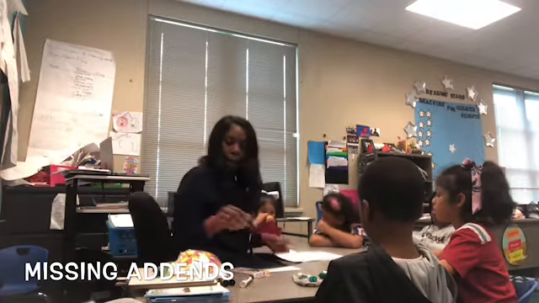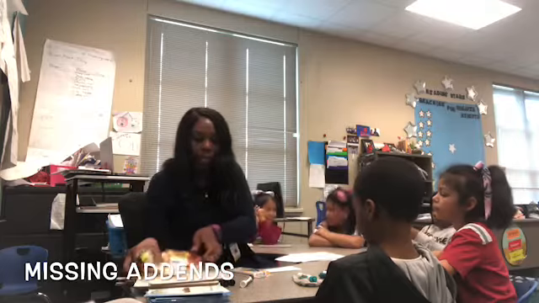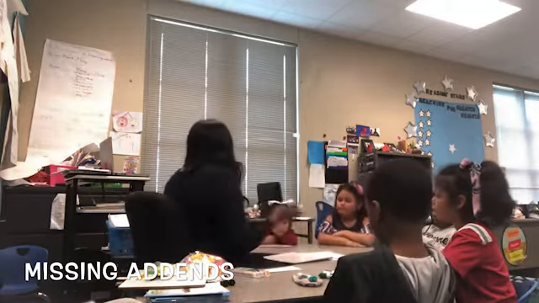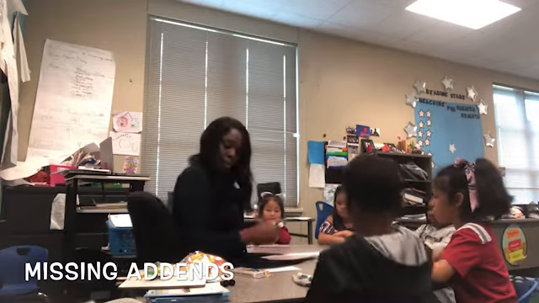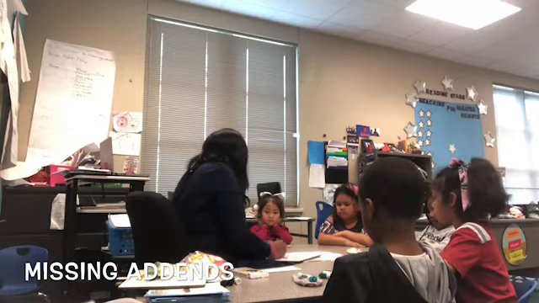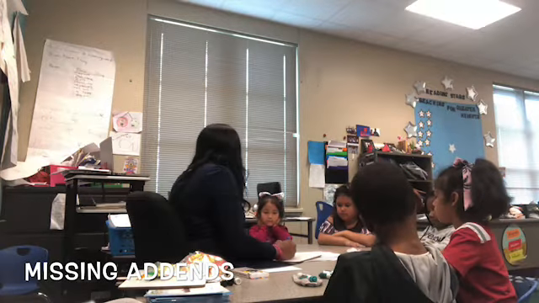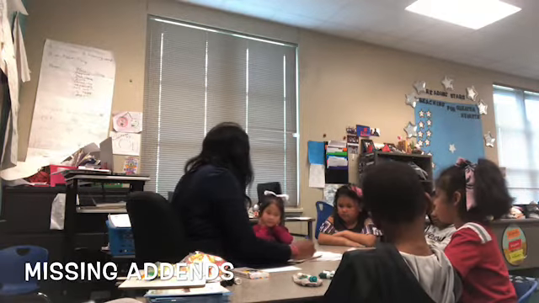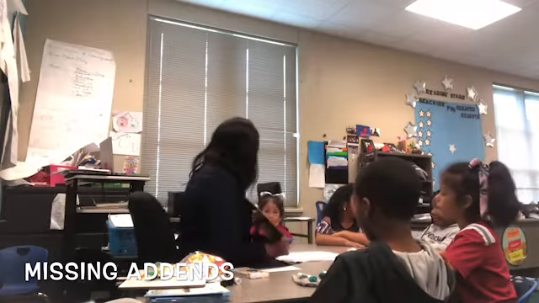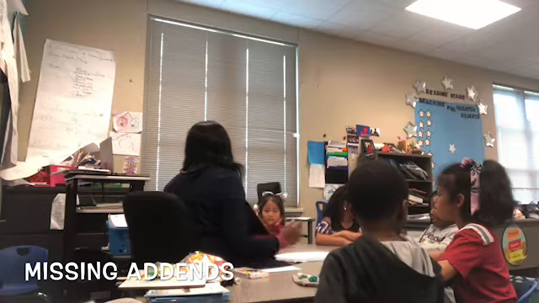Okay, I want you all to look at this problem. I'm going to write on the board. Six plus blank equals 7. Look at that problem. 6 plus blank equals 7.